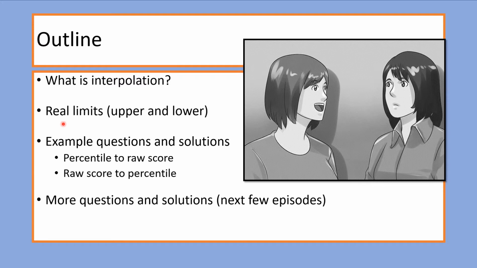And then from there, I'll go into some example questions with solutions. I'll go from a question where we ask about the percentile to a raw score, and then from a raw score to a percentile. If you feel pretty comfortable with interpolation and don't really need a review, the next few videos I will make on this subject will be questions with solutions. So feel free to tune in for those.